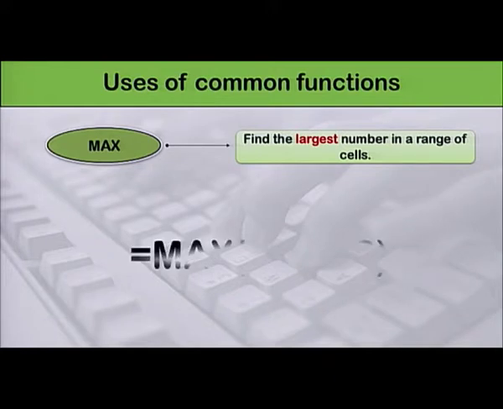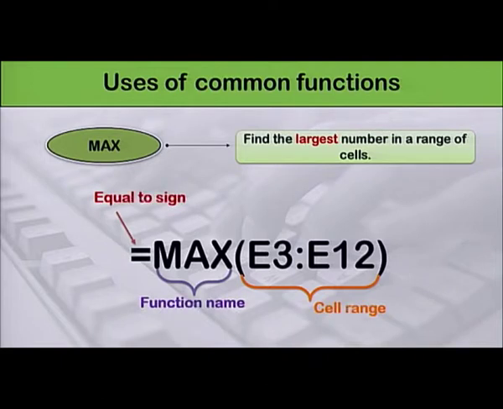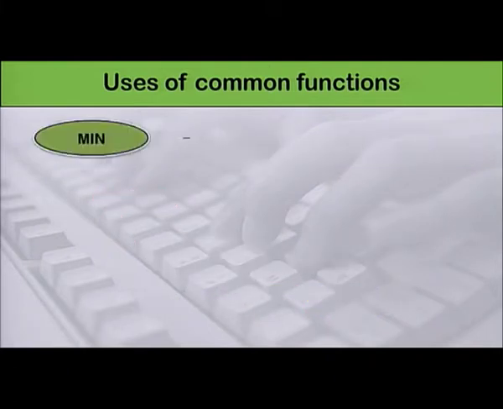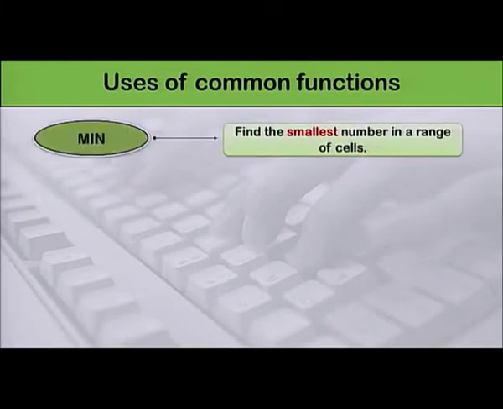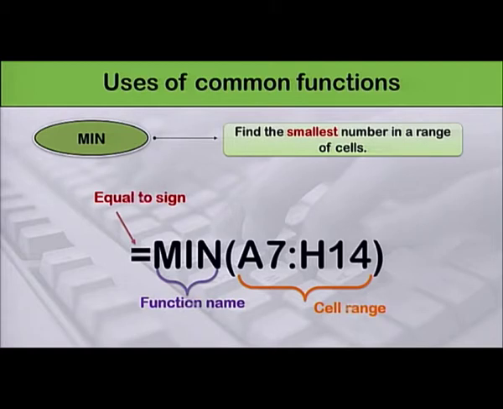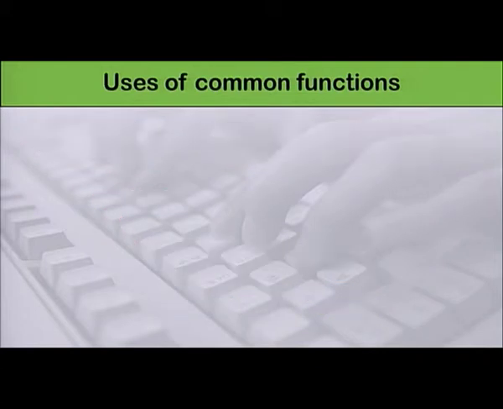Here, the max function has been used to find the largest number in the range E3 to E12. The min function finds the smallest number in a range of cells. In this example, the min function has been used to find the smallest number in the range A7 to H14.